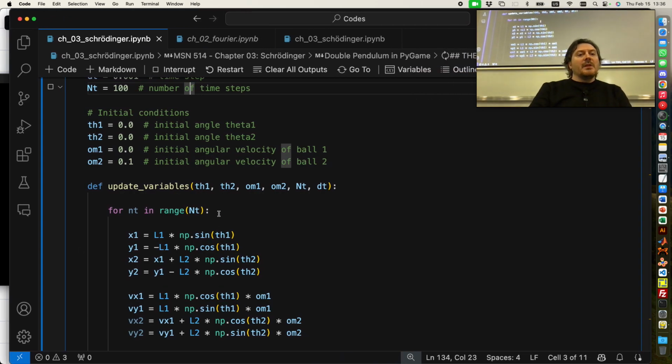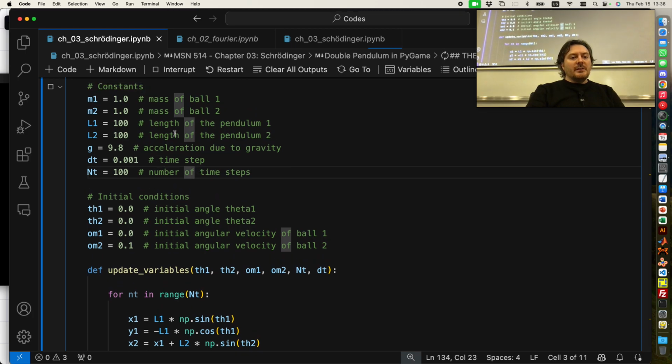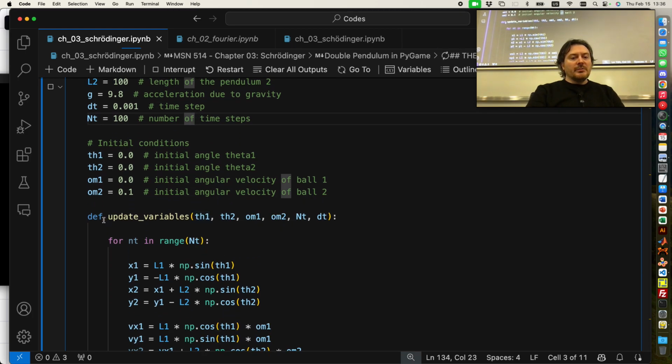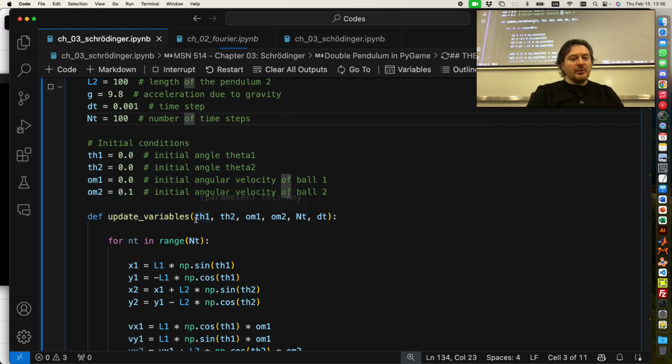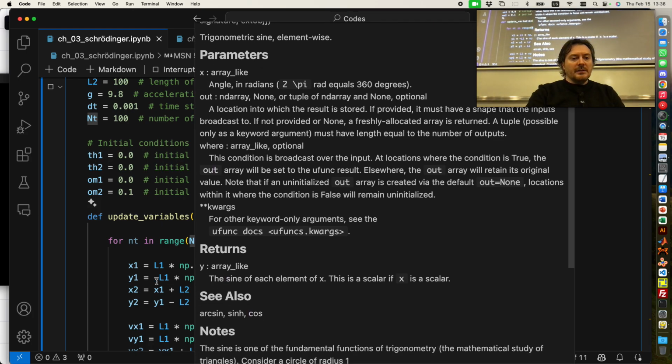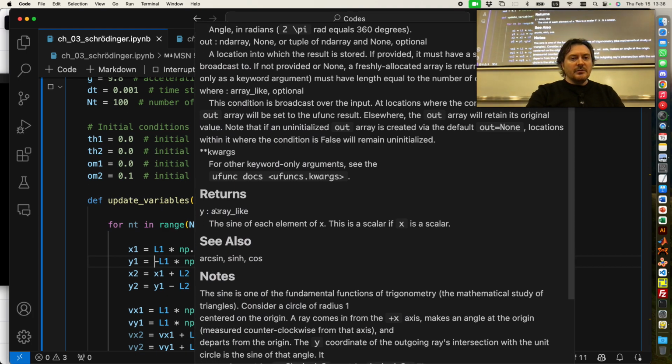Yes. So the calculation part, you turn it into a function. So the update variables function. What goes in are the angles and the angular velocities and how many times you are going to run forward the calculation, how many dt forward you are going to go, and then the rest is, do you know how to get rid of this?